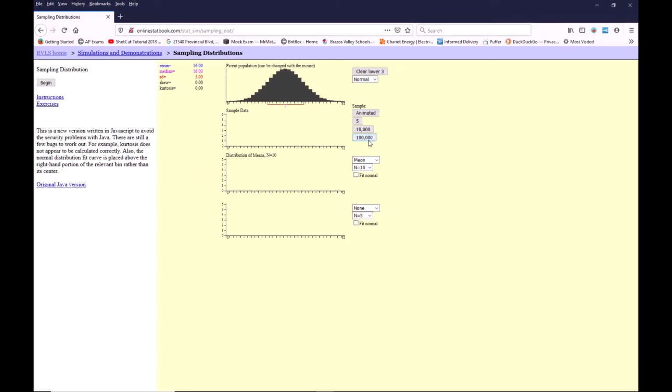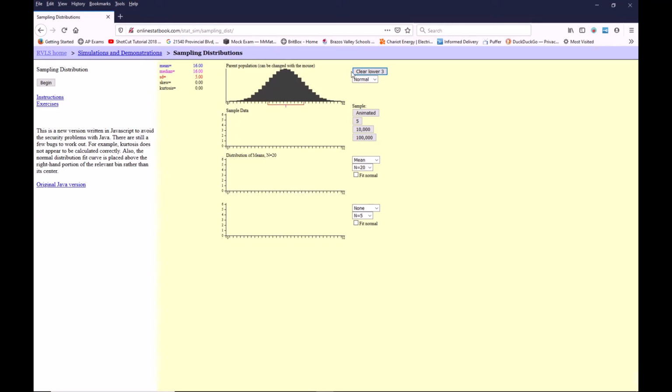For size 10, approximately normal. For size 20, approximately normal. So if your population is normal, then any sampling distribution is going to be normal. You don't have to worry about the central limit theorem for sample size. Sorry about this, I just had a little bit of a brain freeze.